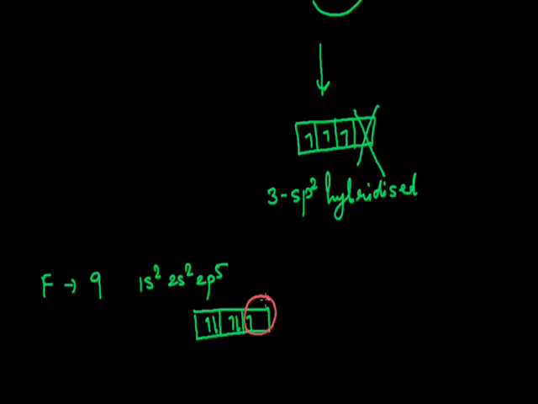This unpaired electron can undergo pairing with the unpaired electron lying in the hybrid orbital of boron. Similarly, two more fluorine atoms can combine to lead to the formation of BF3 molecule.